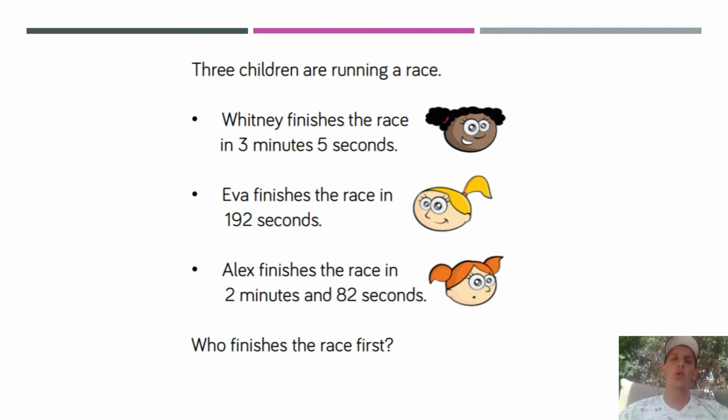Now, an alternative way, it's up to you, is you could just convert them all into minutes. So these are already in minutes and seconds, so you could just convert this into minutes and seconds as well. The reason why I would suggest converting these into seconds is because the numbers are quite small, so it's probably just easiest to convert them into seconds.